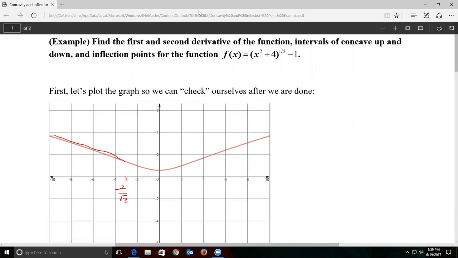It's going to be concave up from negative 2 over root 3 to 2 over root 3. And then it's going to be concave down again from 2 over root 3 all the way to infinity.